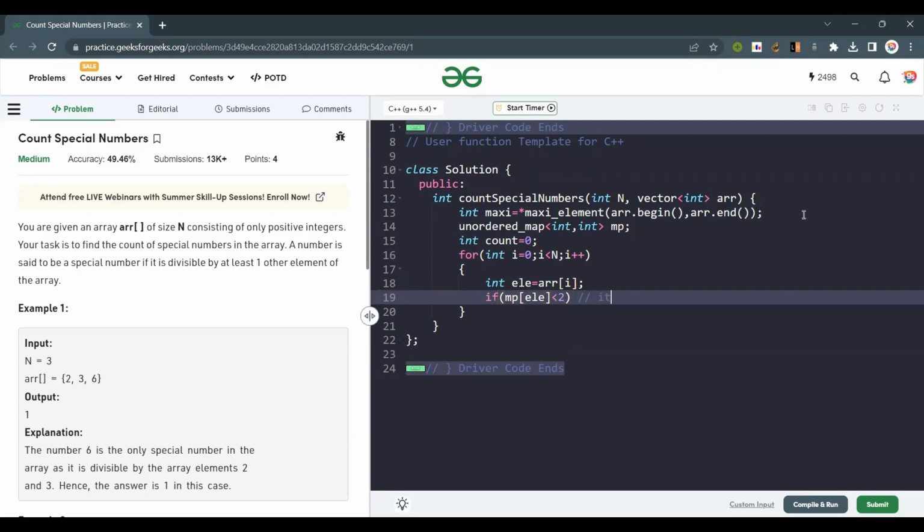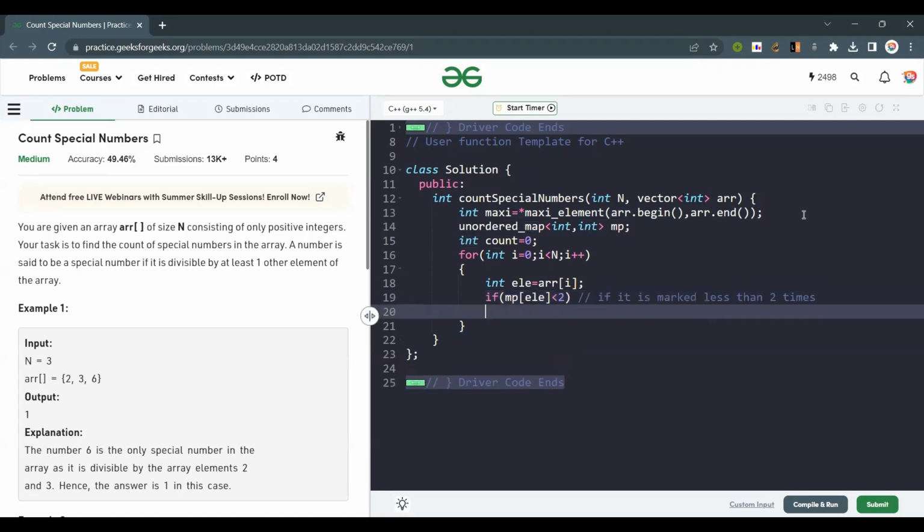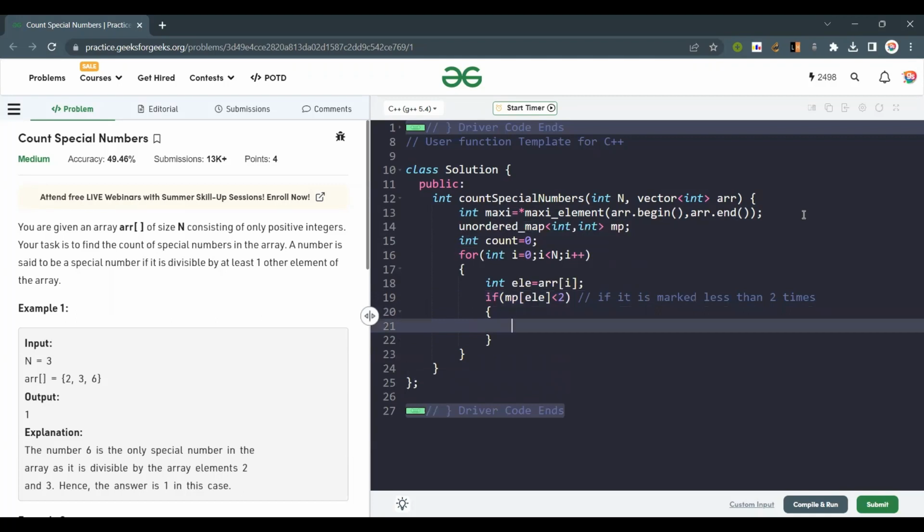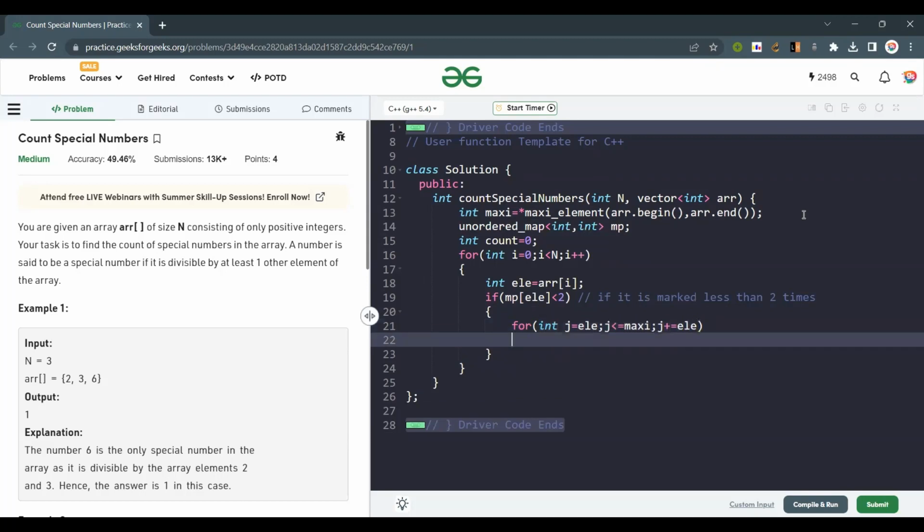If it is marked less than 2 times, 0 times or 1 time, that means we have to mark it, to check whether the element is repeating or the element is marked by someone and marked by itself. So if the count becomes 2, that means it is a special number. So I will say, okay, for j equals element, as we do in the Sieve of Eratosthenes, for every multiple, I will do j plus equals element.